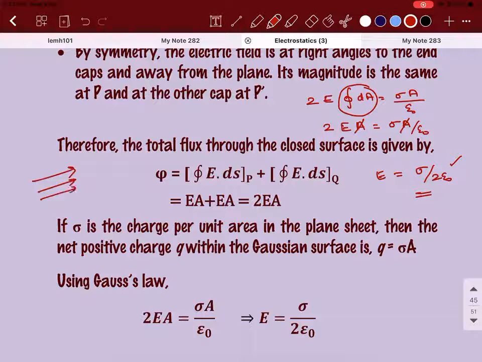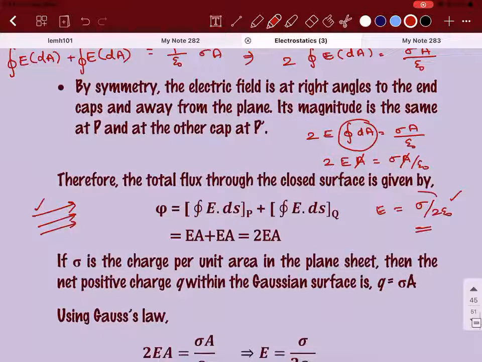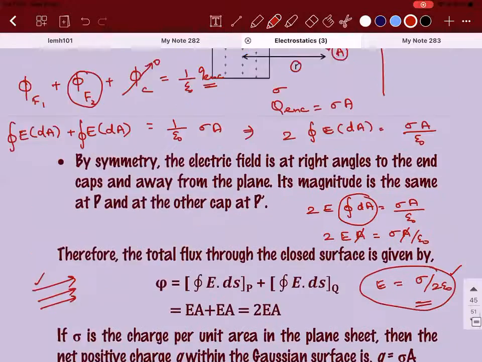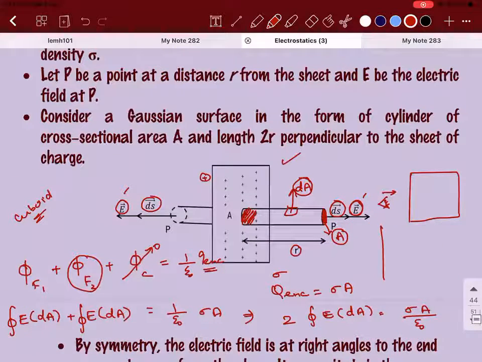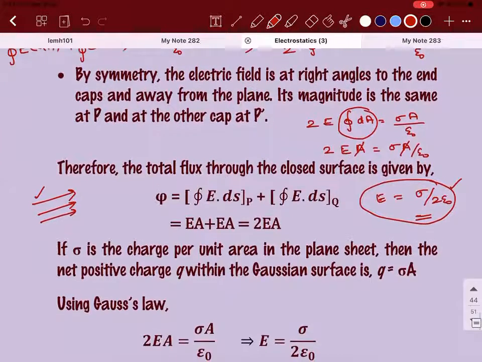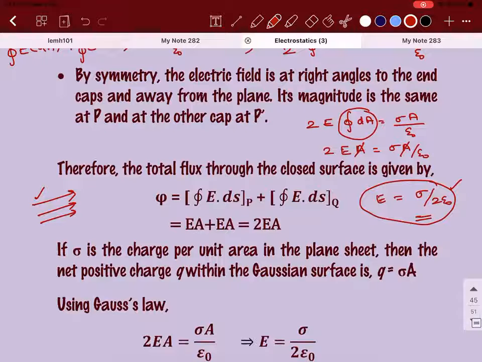So you remember this concept? A dipole placed in uniform electric field. If somebody asks you how to generate this uniform electric field, what source material will you use? This is the electric field due to which source? Infinitely charged plane sheet. So if somebody asks you, tell me the source of uniform electric field, what will you say? An infinitely charged plane sheet, because it generates an electric field which is independent of r.